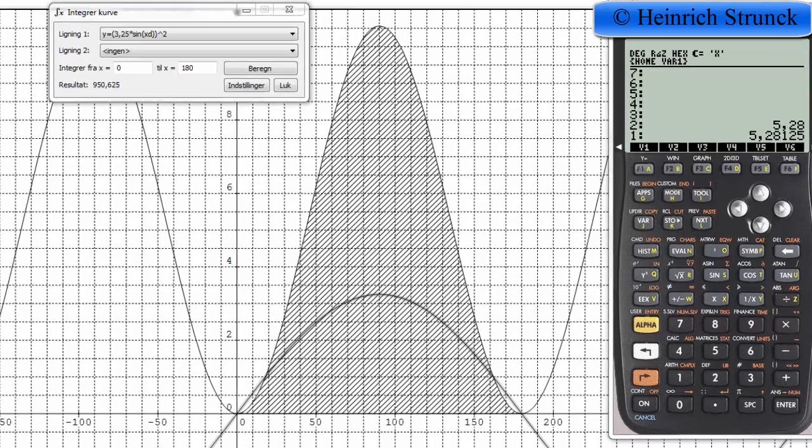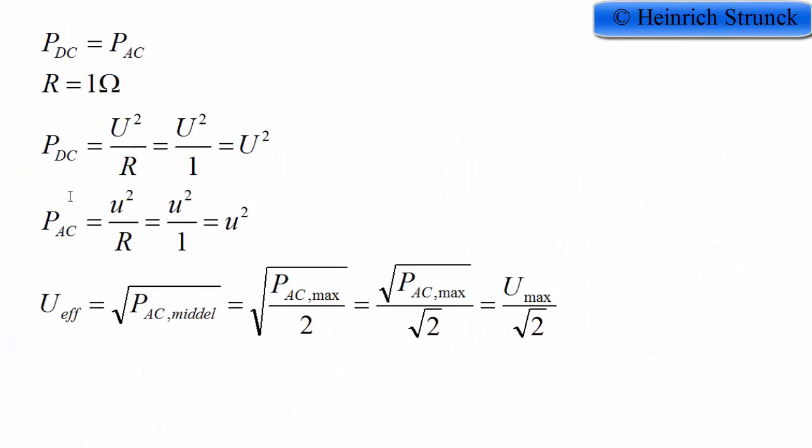We go back to the formula, and we can see that again the average value for the power for AC is 5.28, and the voltage is the square root of the power.